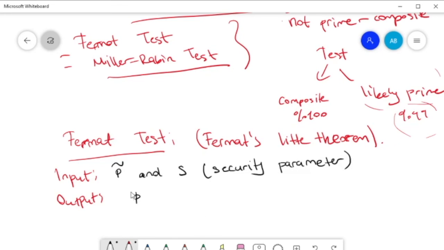The output is either P is composite, it's not prime, or P is likely prime.